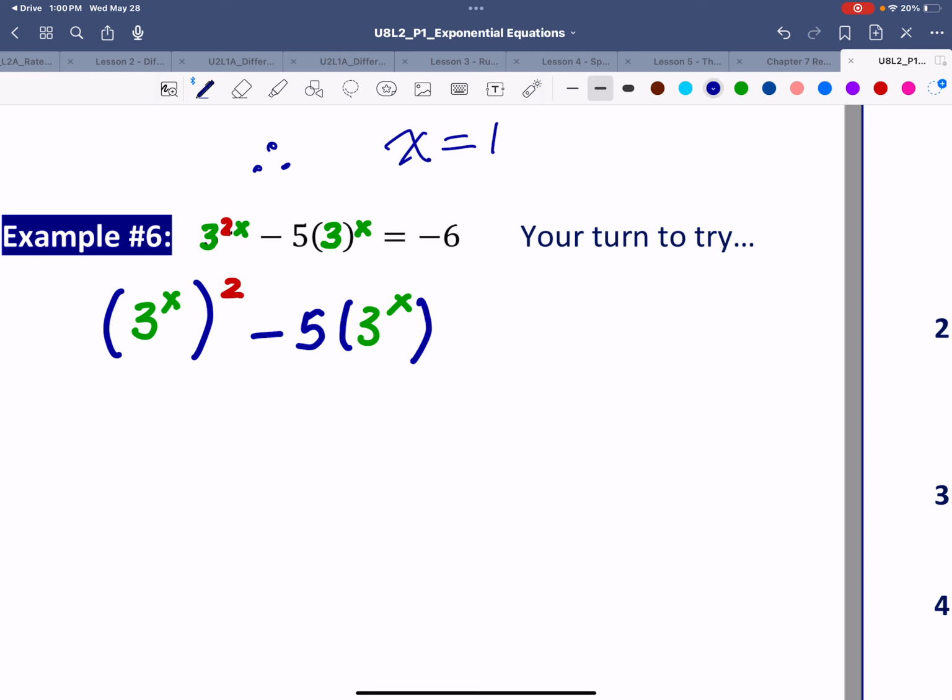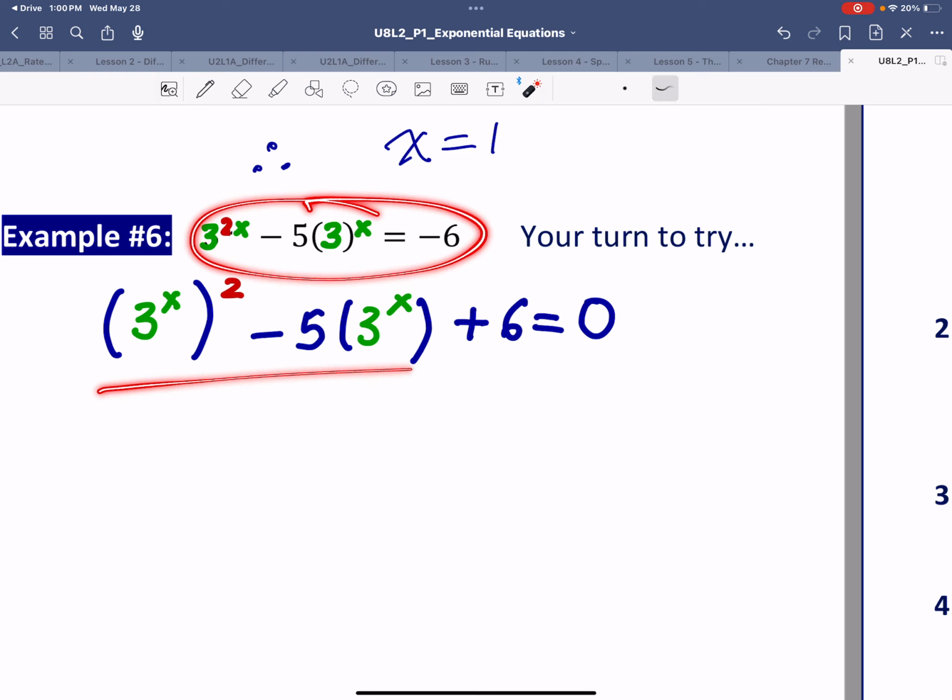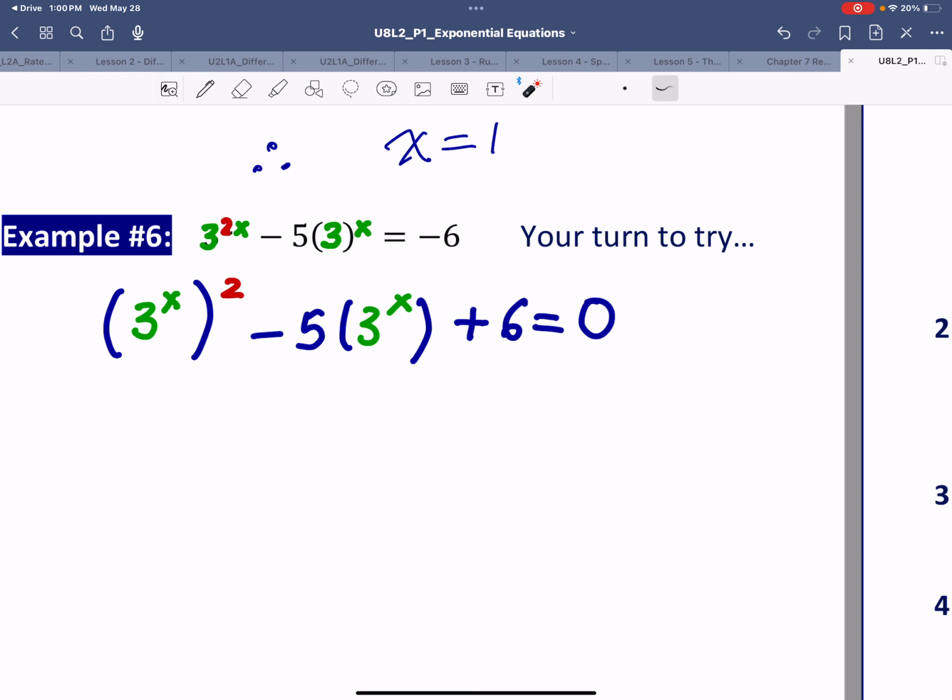And then we're going to bring negative 6 to the left side to make it positive. Obviously we want to do this because it's a quadratic equation. As we mentioned, quadratic equations are solved by first bringing all the terms to one side, right? So you can bring in the helping variable a. So that means that we have a squared minus 5a, and then plus 6.